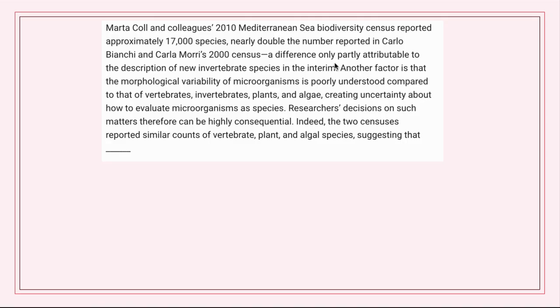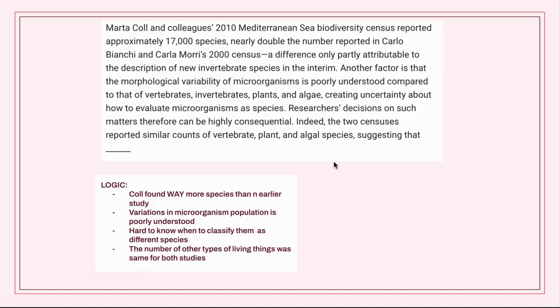So I think we're just supporting the fact that both studies approached classifying microorganisms as species kind of differently. Because Cole found way more species in the study, and it's hard to know when to classify them as species, I'm thinking that Cole probably was very particular about when to.